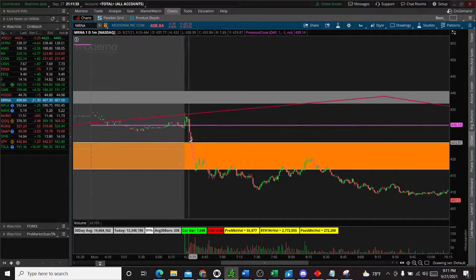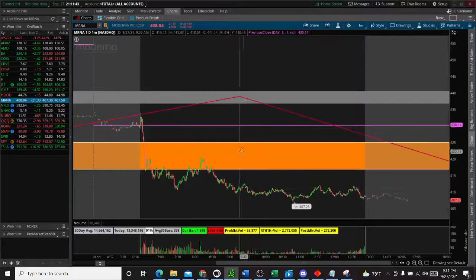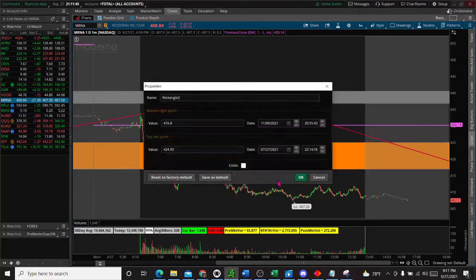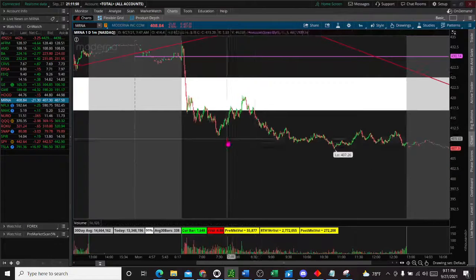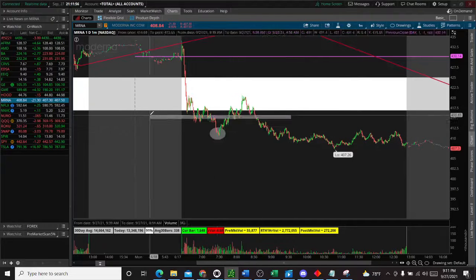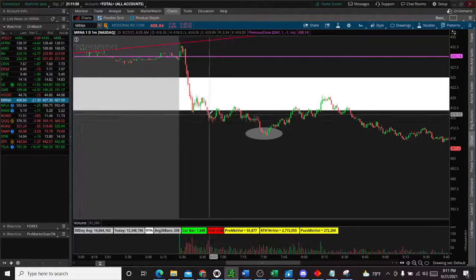So we entered at 6.35 and exited at 7.35, which was roughly right here on this point. And the reason why we exited at this point is because it was just taking a long time trying to go lower.